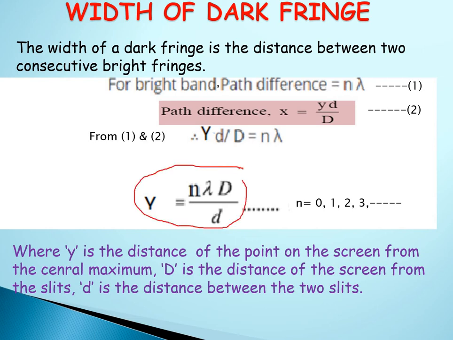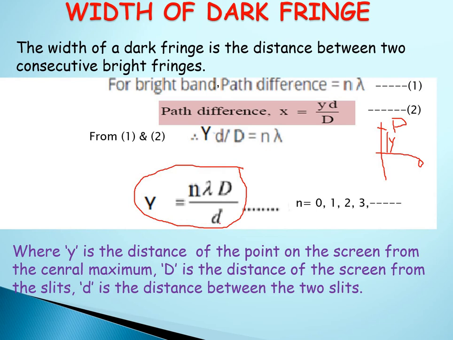Do you remember what this y is? This y is the distance of that particular point. This is our central maxima, and we have marked a point P on the screen where the distance was y. So for the point P, some point on the screen, y is equal to n lambda D by d.